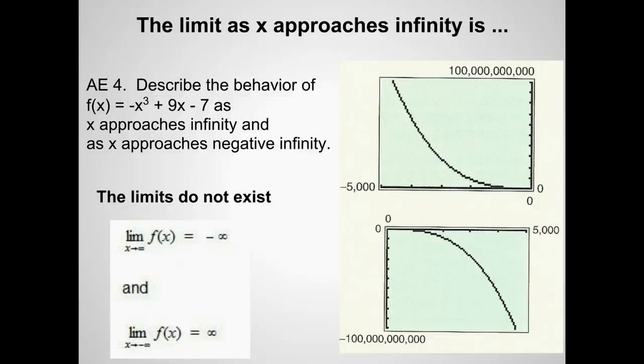we can describe the behavior of the function this way. We actually use the infinity symbol, or negative infinity, and as you recall at the beginning of the lesson, that first sentence stated that there's no real number called infinity, and the symbol infinity does not represent any real number.